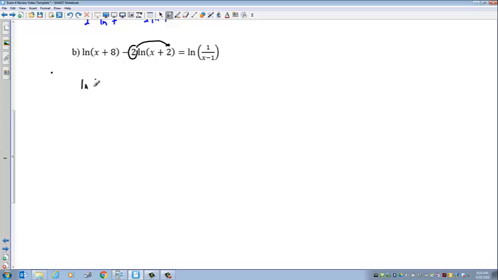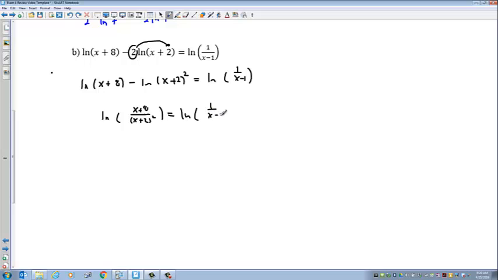So I have ln of x plus 8 minus ln of x plus 2 squared equal to ln of 1 over x minus 1. And then because I'm subtracting in here, I can divide on the inside. So I have ln of x plus 8 divided by x plus 2 quantity squared is equal to ln of 1 over x minus 1.